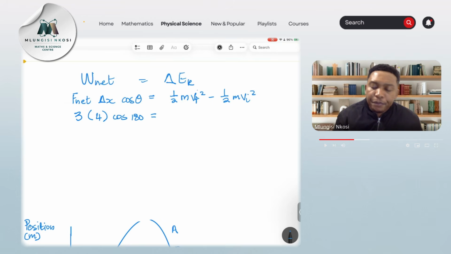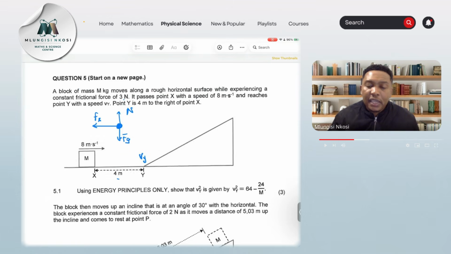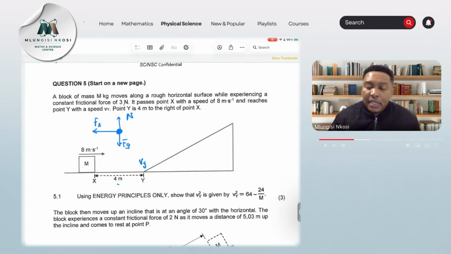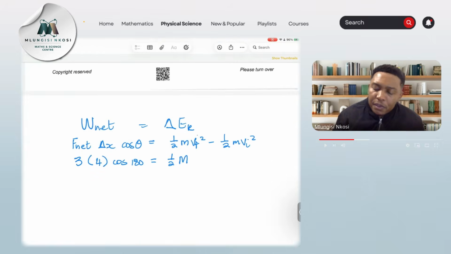That equals half, the mass is M, as they had given us the mass in terms of M, times the final velocity squared. What is our final velocity?